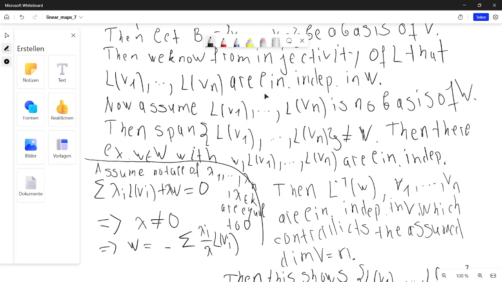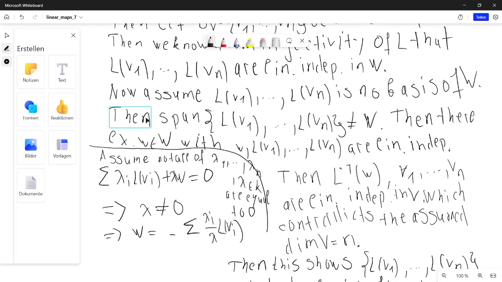And then if we assume that it is no basis, then the only thing that could go wrong would be that the span is not equal to the space, because the linear independence was already established here, right? So if it goes wrong, then it goes wrong only here.